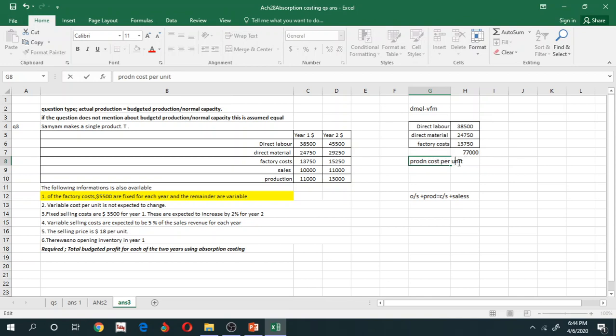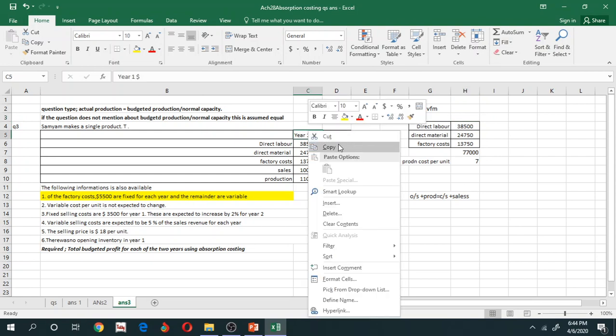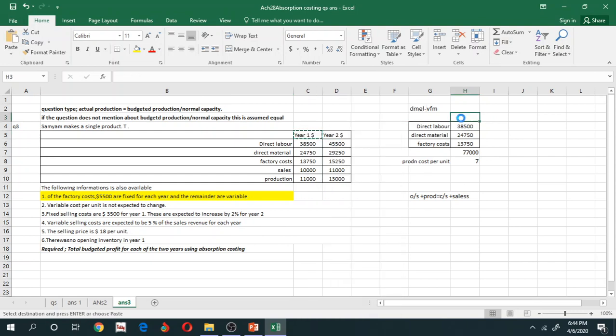Mind my spelling error. So production cost per unit for year 1 is 7.